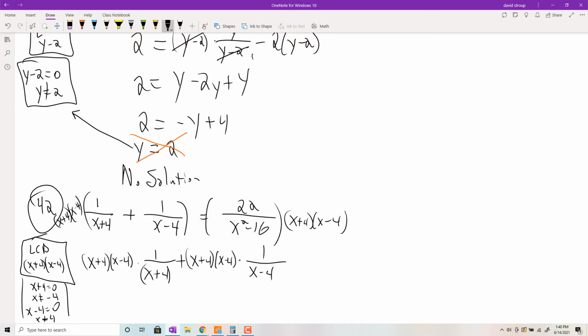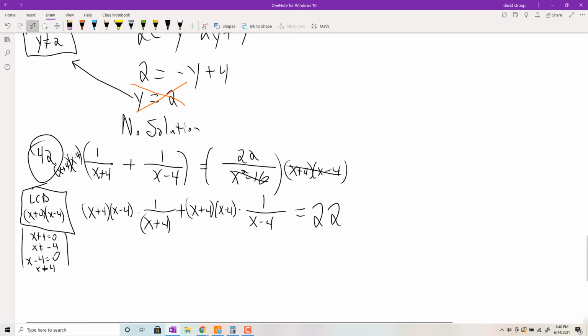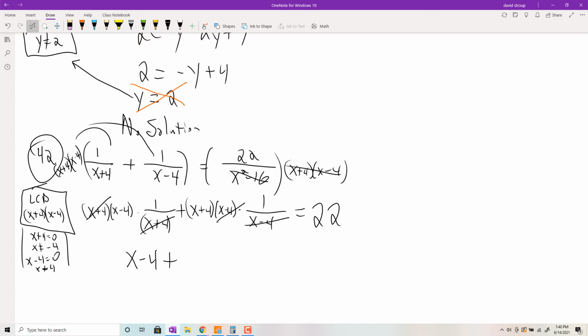Maybe not. On the right, this is the same as this, right? So we can just write 22. In the first multiplication in this distribution, the x plus 4s will cancel, and you're just left with x minus 4. In the second, the x minus 4s will cancel, and you're left with x plus 4. On the right, you have 22.